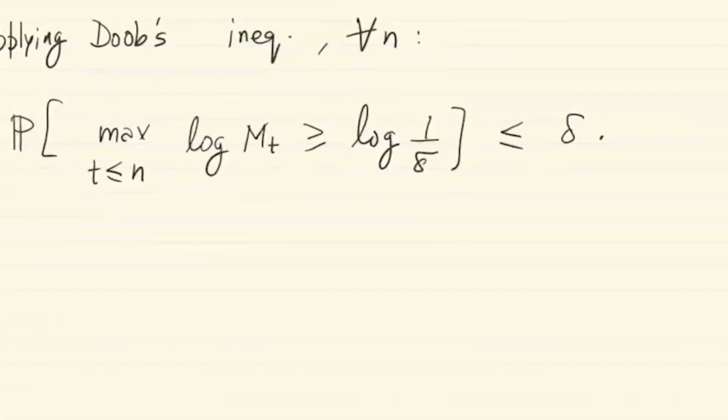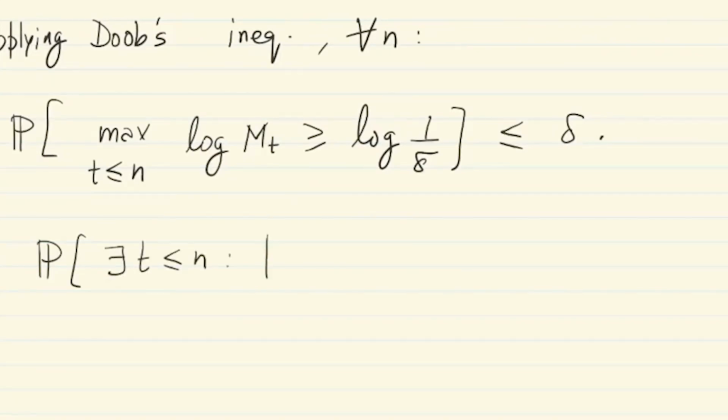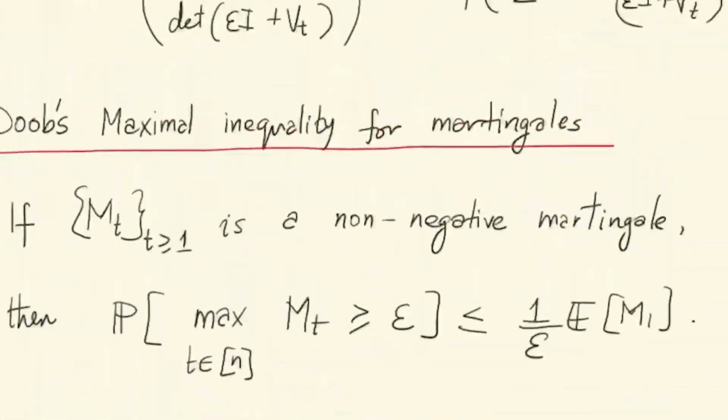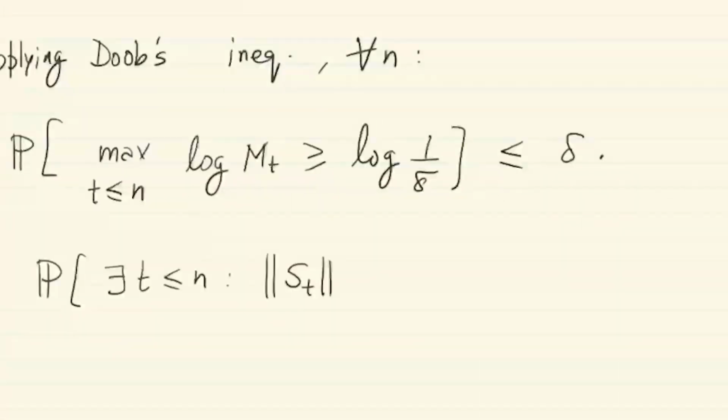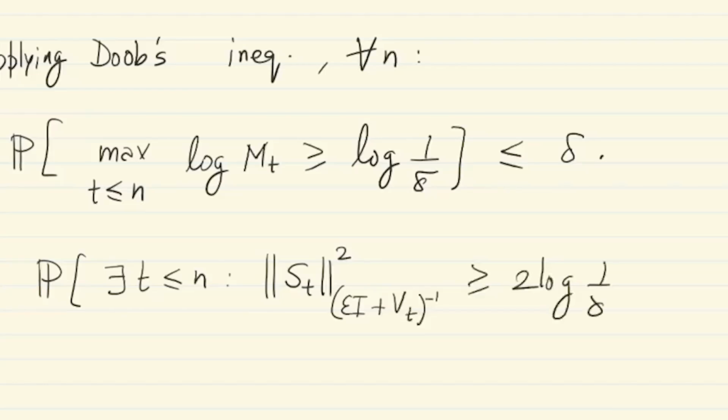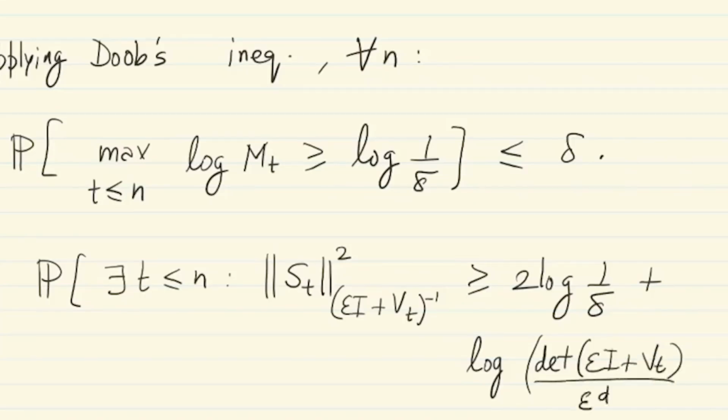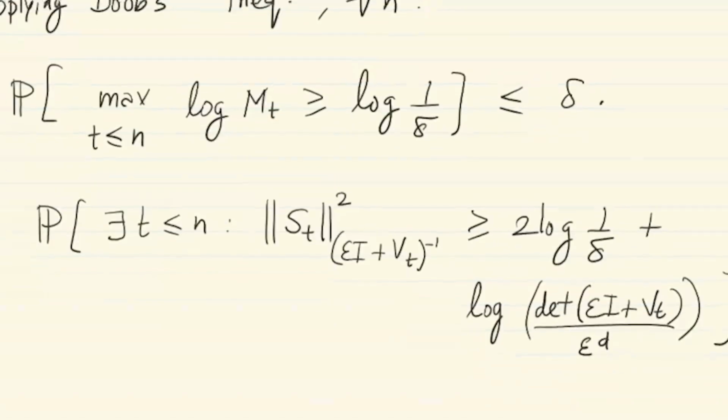And so this means that you can just turn this around to say that the probability that there exists t less than or equal to n for which, substituting for log M_t, the inverse weighted norm of S_t exceeds twice log 1 by delta plus log of the determinant of epsilon I plus V_t by epsilon to the d, is at most delta.